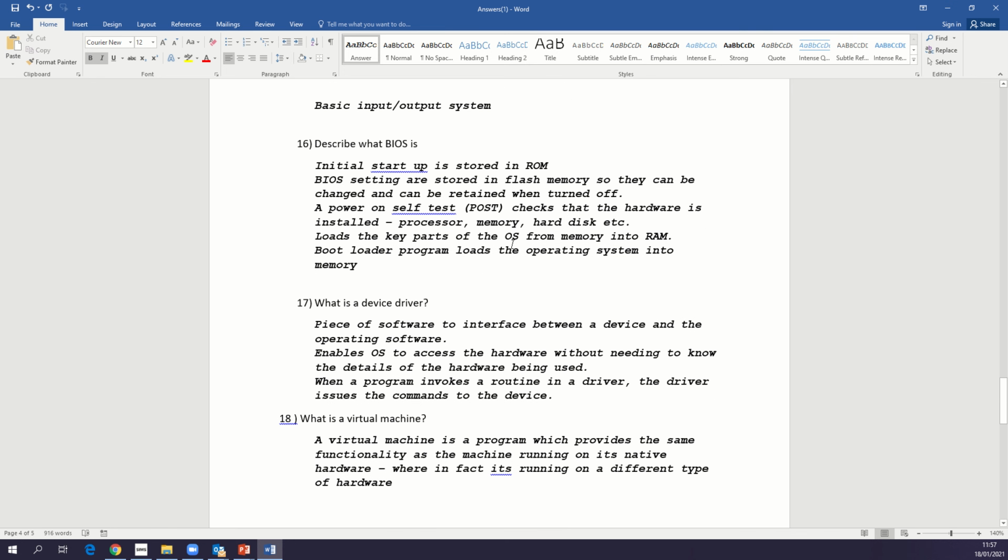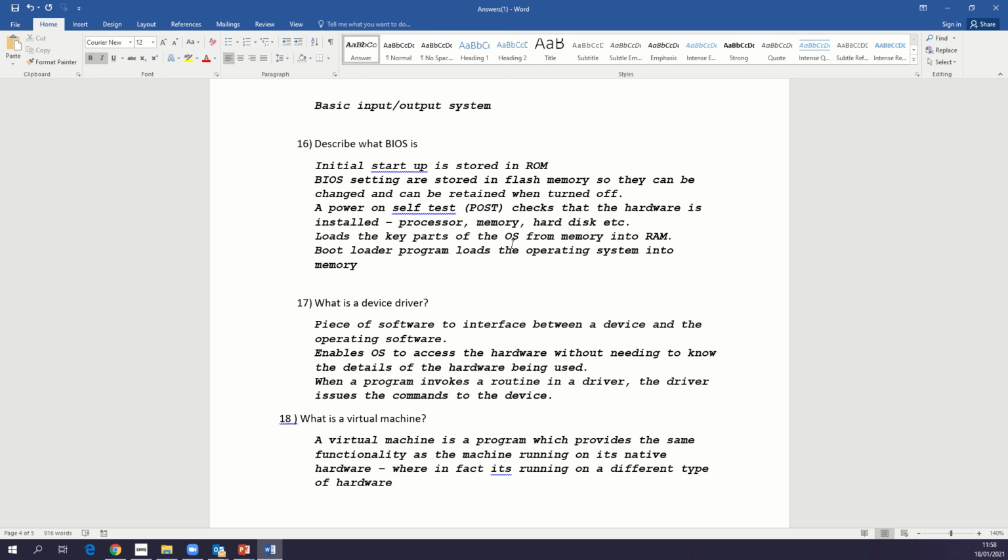Question 16 is, what is a BIOS? Well, we know that when we turn on a computer, the CPU doesn't know anything that's going on at all. Remember, it is volatile, so it's lost any data inside of it, as has RAM. Now, our initial startup sequence is held in ROM.